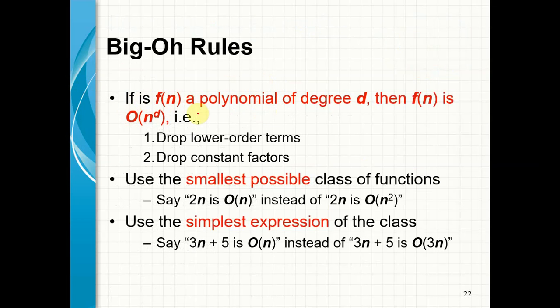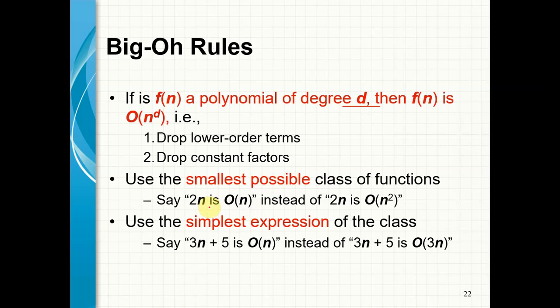If f(n) is a polynomial of degree d, that is the highest power of the variable, then f(n) is O(n to the power d). That is, drop the lower order terms as well as drop the constant factors. So that is to use the smallest possible class of function.